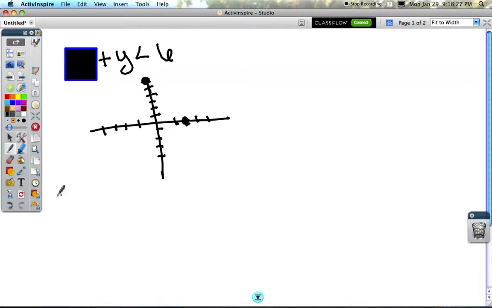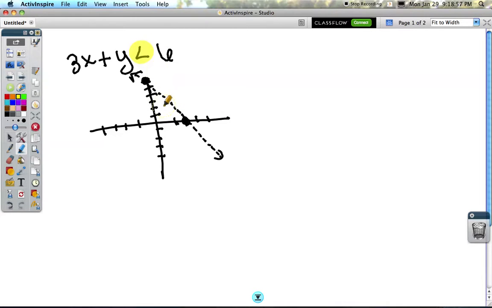Now, you should have 2 points. Is it going to be a solid or a dashed line? Dashed. Now put your pencil on the line. What is the first variable that you see? X. X runs left, right.